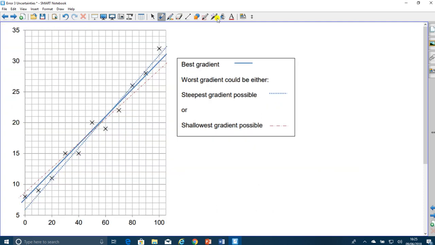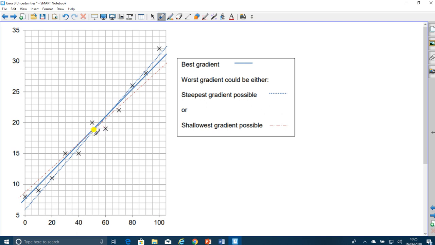So here's a much better example than mine. This one's provided by the AQA. Here we've got a scattering of readings, and although they haven't drawn error bars on, it's been determined that these are acceptable graphs you could draw through this data.